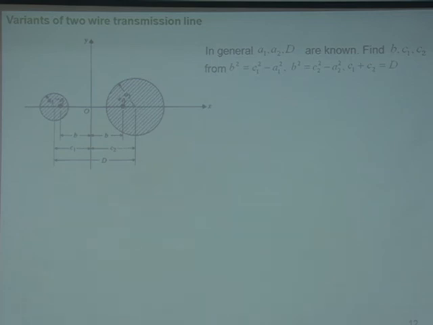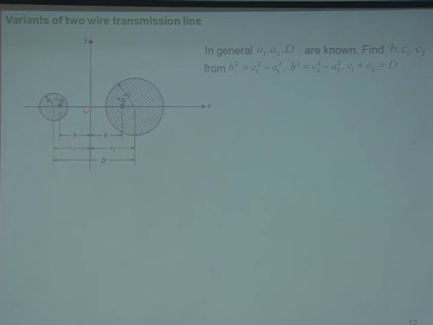Okay, 在这里。所以在这里呢，你知道变数是什么？ Well, you know the radius of this, which is A1, and the radius of this is A2, and the separation of the two centers is D. What you want to know is where to put in the line charges. 你不知道这些 line charge 你要放在什么地方。Okay, therefore, B, C1, C2 are unknowns to you.